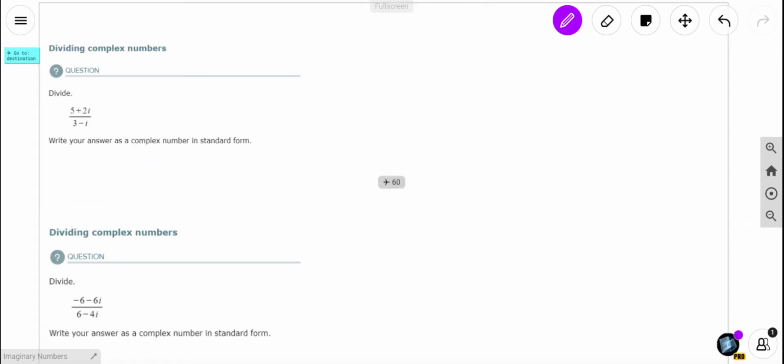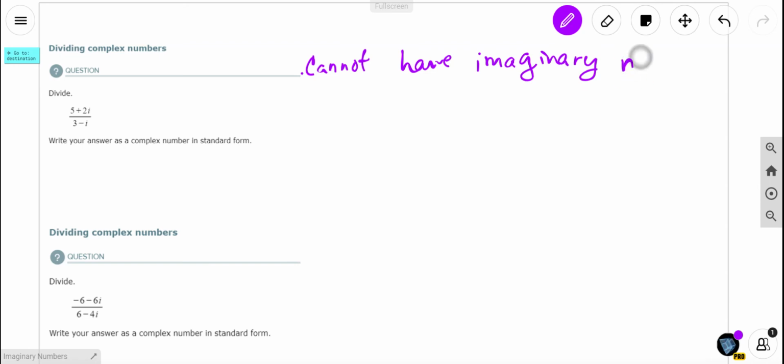All right, now comes the hardest part. These are the hardest problems of the entire little topic of complex numbers. And the reason why is because you need to rationalize the denominator. Okay, you cannot have imaginary numbers in the denominator.